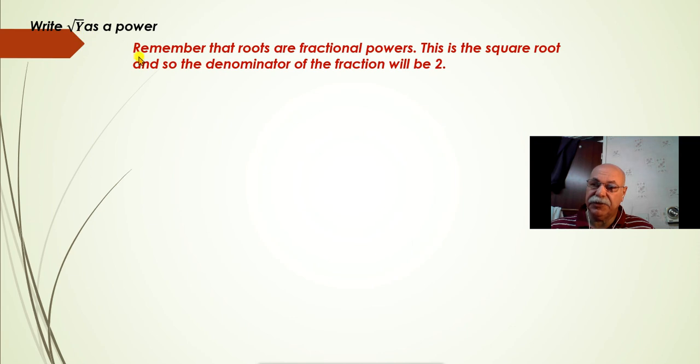The square root means the denominator of the fraction will be 2. You see? We return to the power. What does this mean? It means y square, so we return to 1 over y square as a fraction.